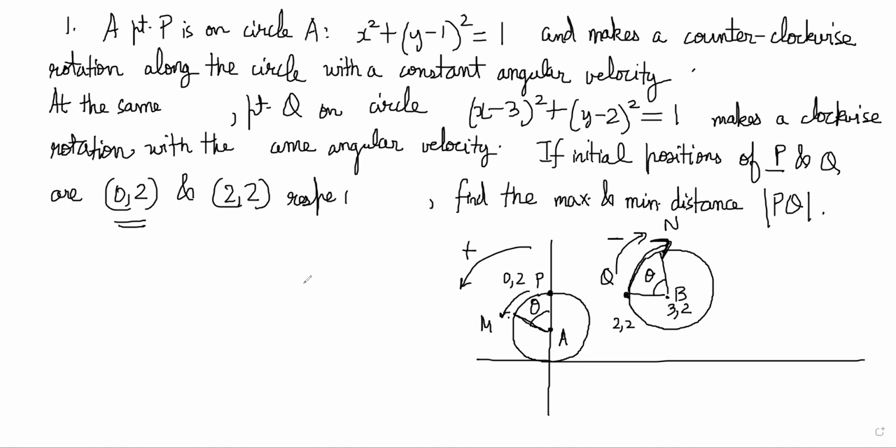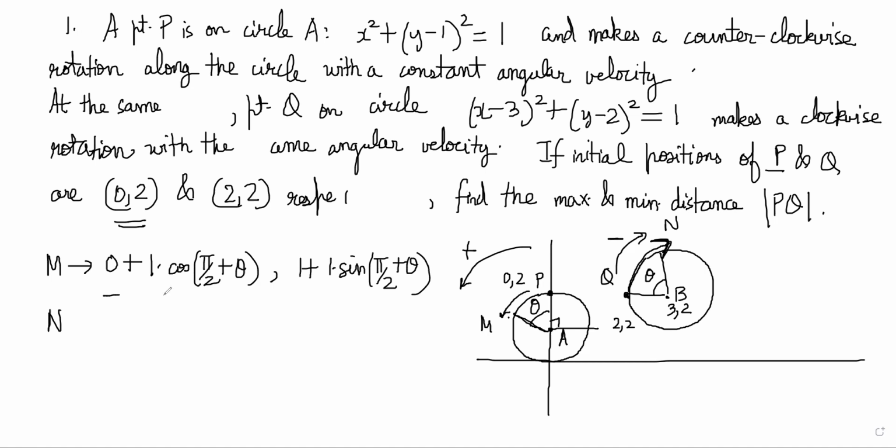So what we can say, coordinates of M and N. Let's think of the coordinates of M and N using the parametric method. So the center here is (0, 1). So coordinate of M would be, basically it is making 90 plus theta angle with this horizontal x-axis. So coordinates of M will be (0 plus 1 cos(pi by 2 plus theta), 1 plus 1 sin(pi by 2 plus theta)).